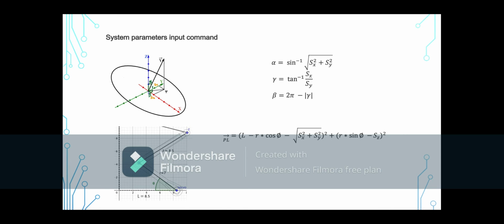While changing the inclination of the plate, the angles alpha, theta, and beta will change relative to the x, y, and z axes.